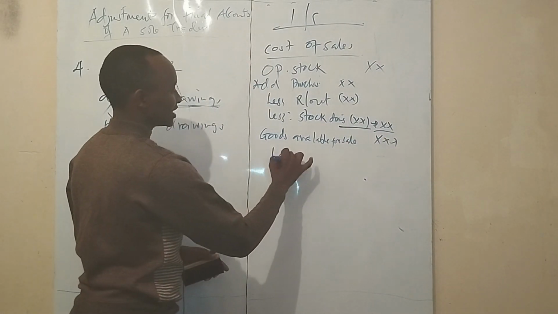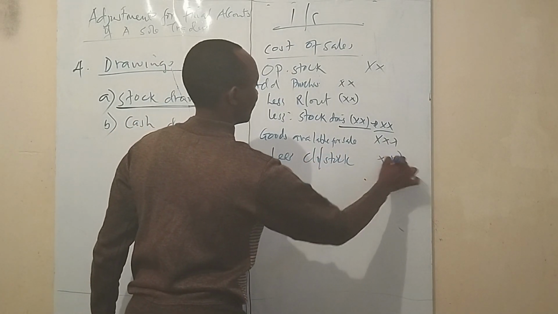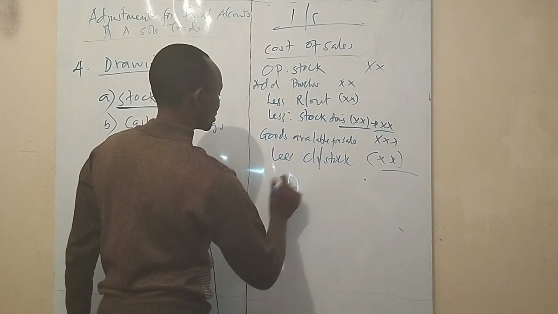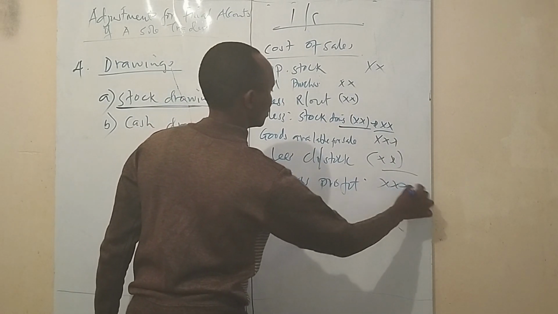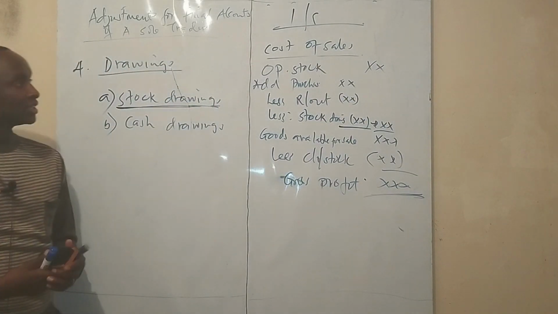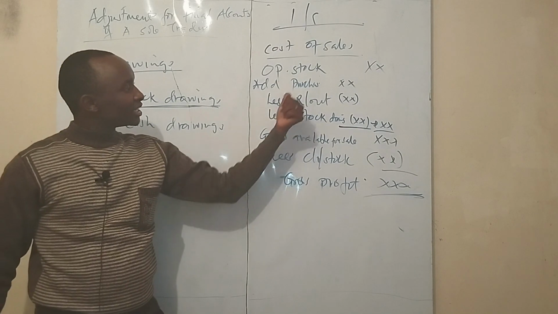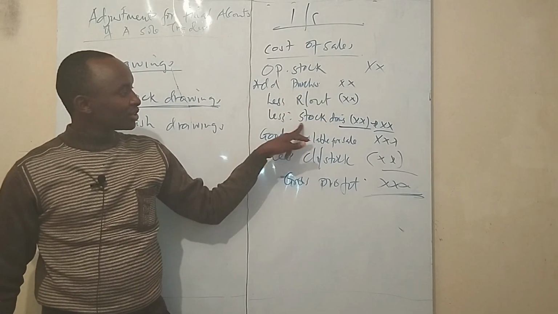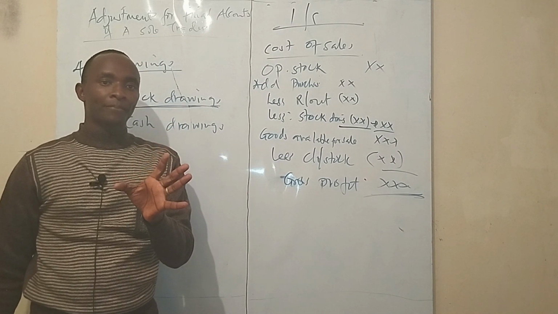Then you further less the closing stock, so that you arrive at the gross profit. Yes, so in the income statement, the stock drawings are going to reduce the purchases. These are the purchases, that's why we are lessing the stock drawings here. That is how to treat the stock drawings.